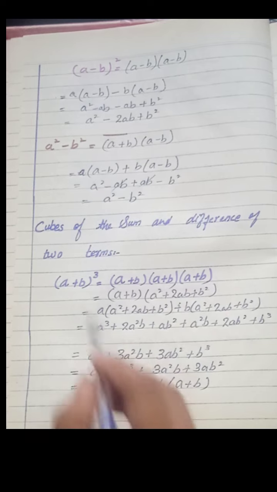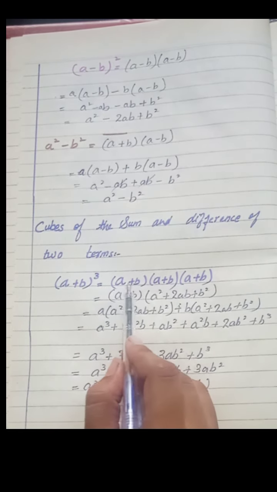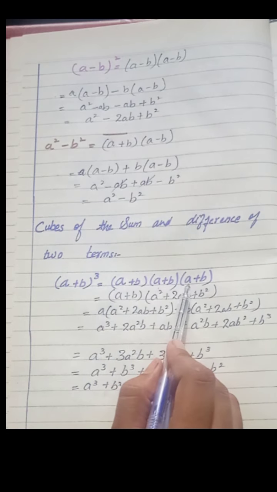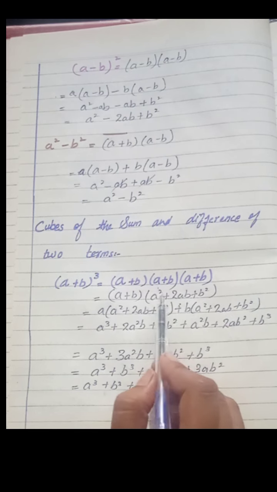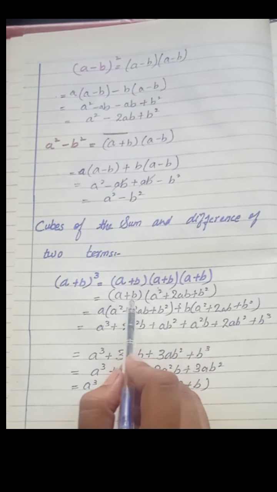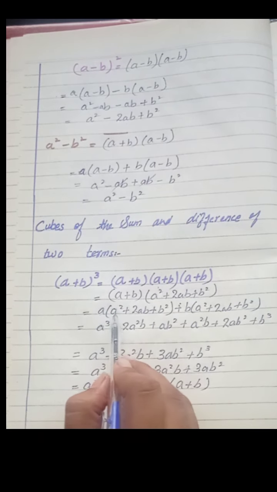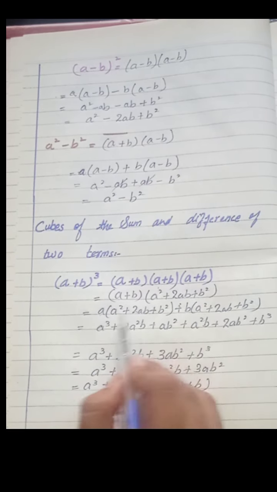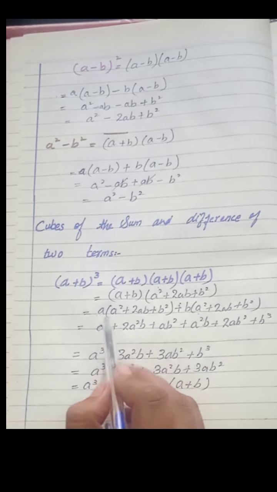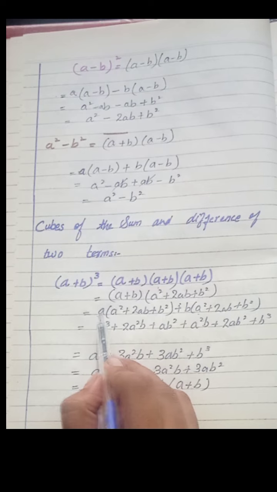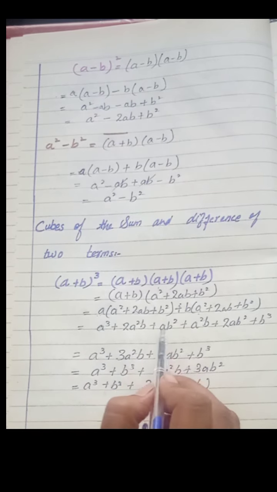So the next we have cubes of the sum and difference of the two terms. If we talk about cube, we have a plus b whole cube, which is equal to a plus b multiplied by a plus b multiplied by a plus b. If we multiply a plus b with a plus b, we have a square plus 2ab plus b square, then multiply with a plus b. So we have a multiply this value, then plus b multiply this value, we have a cube, then plus 2a square b, then a b square.